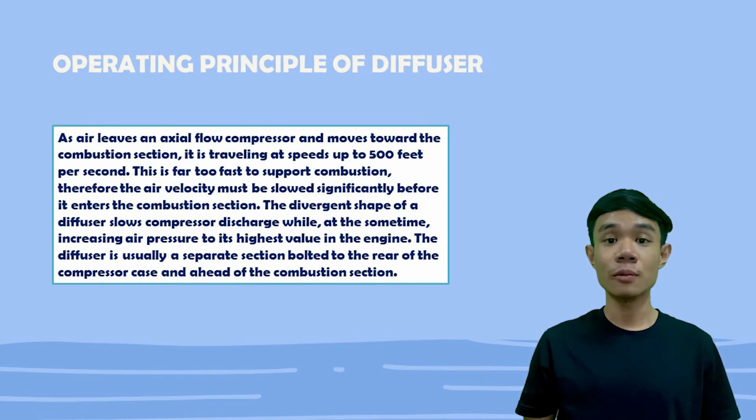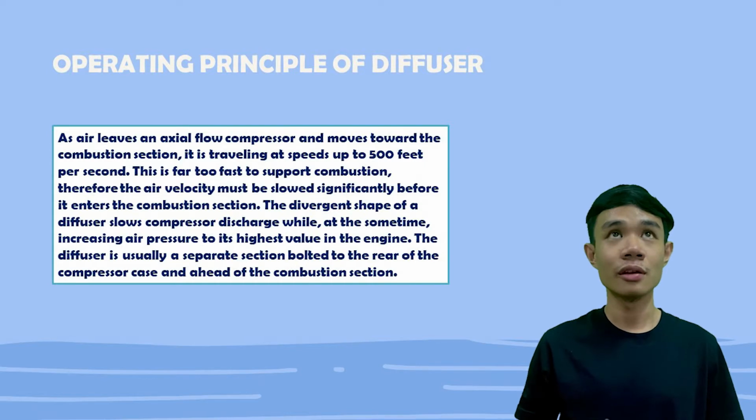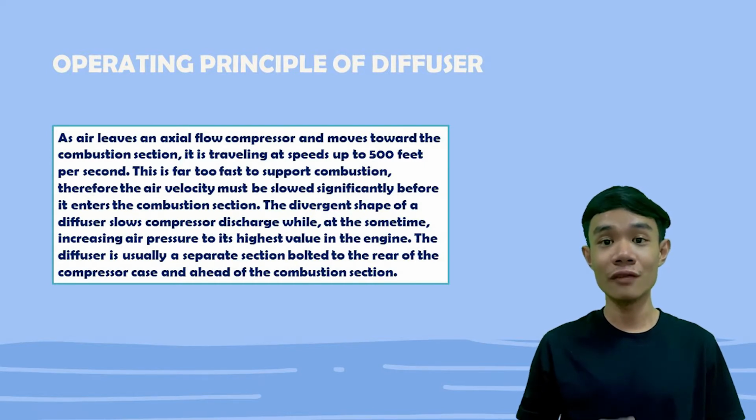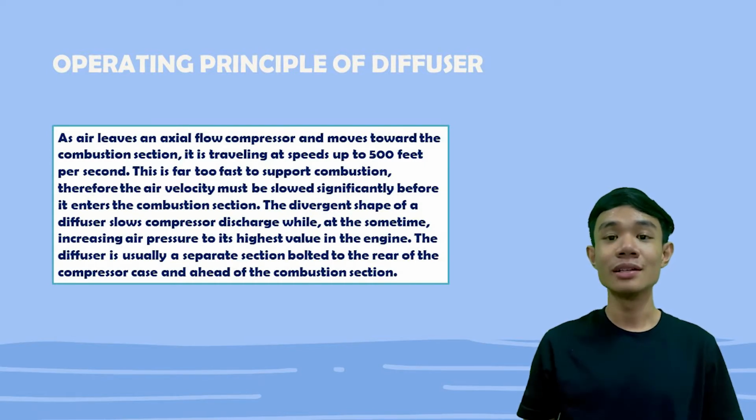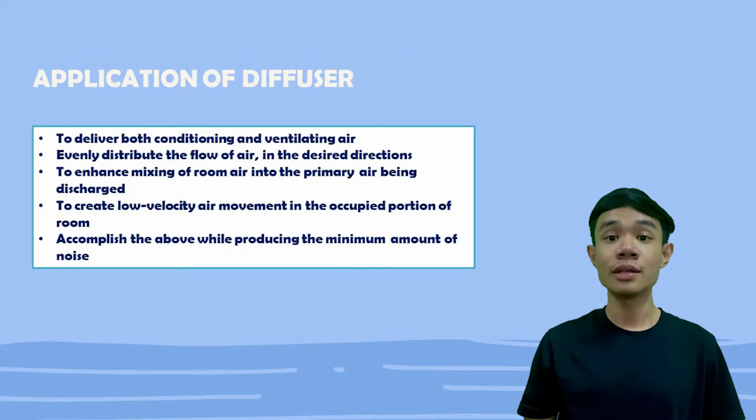The divergent shape of a diffuser slows compressor discharge while at the same time increasing air pressure to its highest value in the engine. The diffuser is usually a separate section bolted to the rear of the compressor case and ahead of the combustion section.